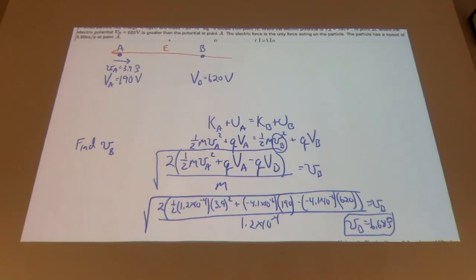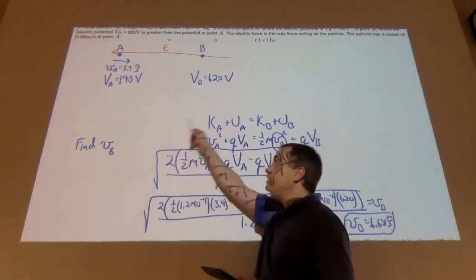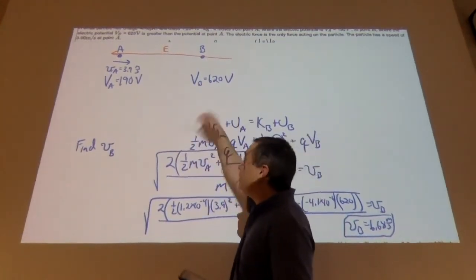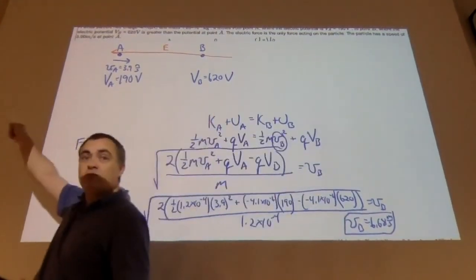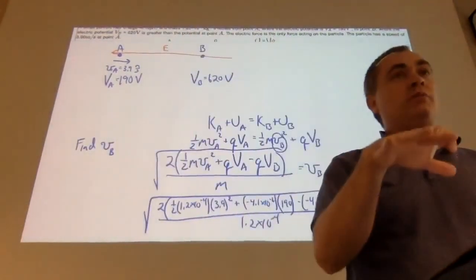So does it make sense that a negative charge would speed up as it goes the opposite direction? Yes. Right? A positive charge would feel a force in the direction of the electric field, which means that if it had a velocity here, it would feel a force and go faster. Okay? It wants to go in the direction from higher to lower potential.